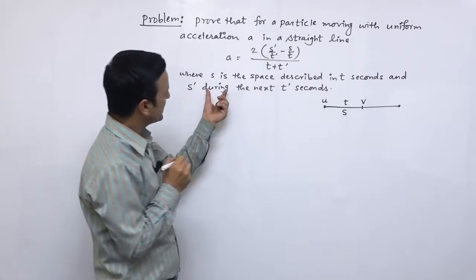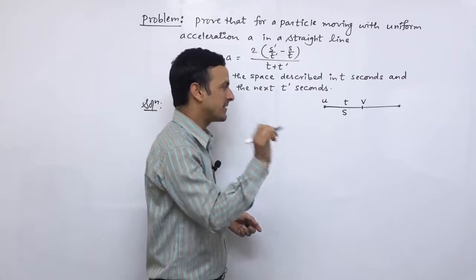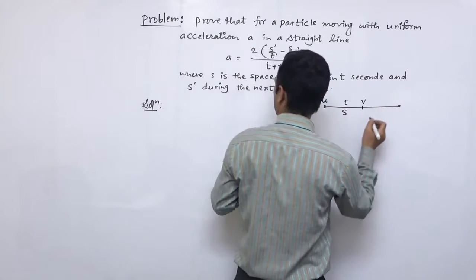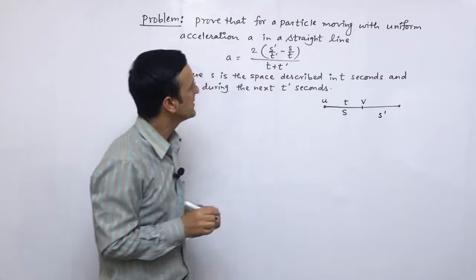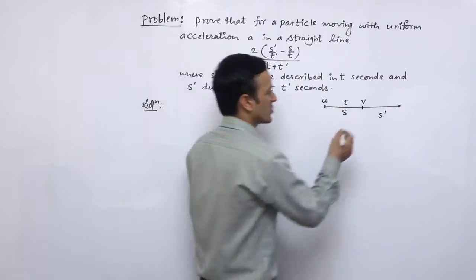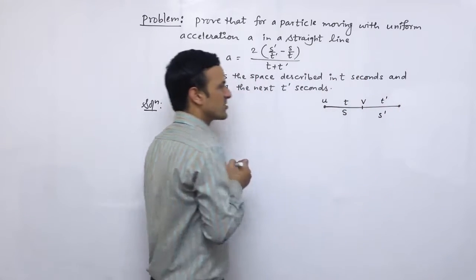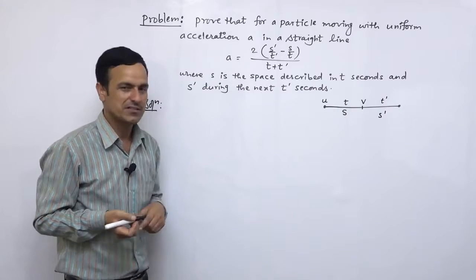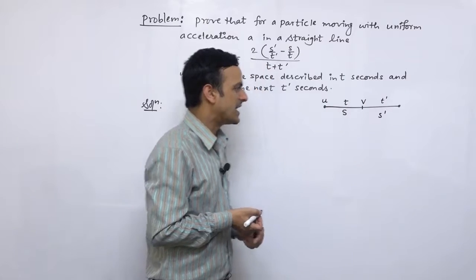It is given that s dash is the next distance covered by that particle in the same straight line. So s dash is the distance covered by the same particle for the next t dash seconds, so the time taken by this particle is t dash. So we have to find the distance covered by that particle in terms of u and t.